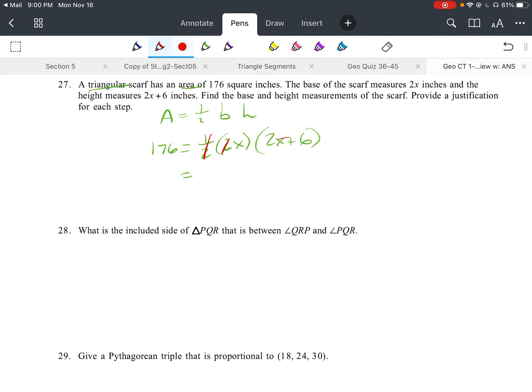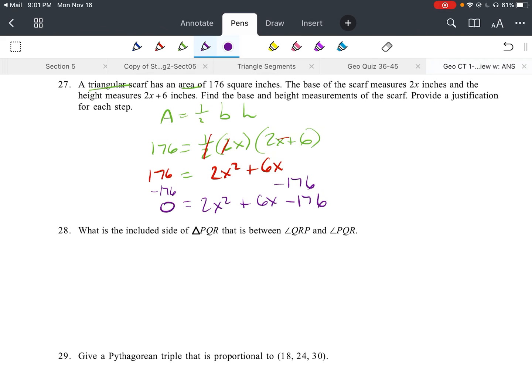But now we have x times 2x plus 6, so this is 2x squared plus 6x is 176. Now get 0 on one side, so minus 176, and I get 2x squared plus 6x minus 176, and this equals 0.